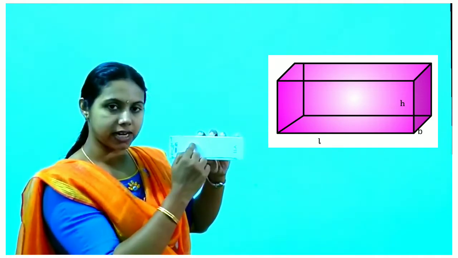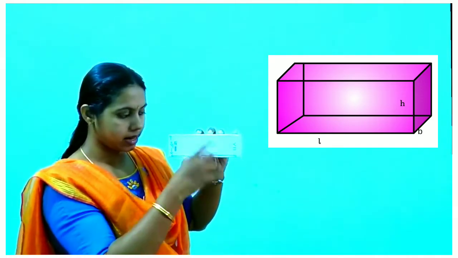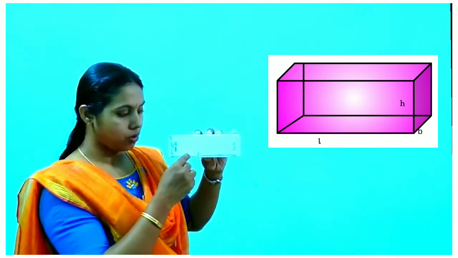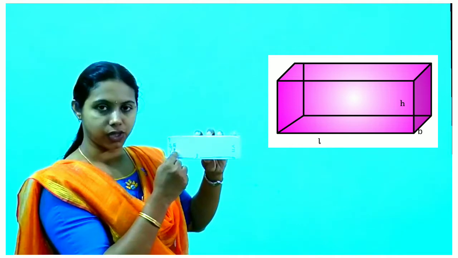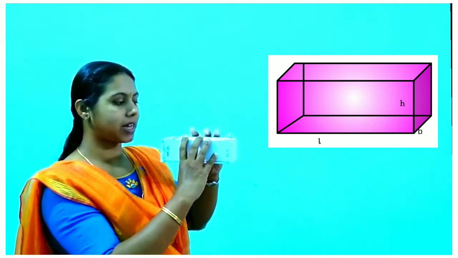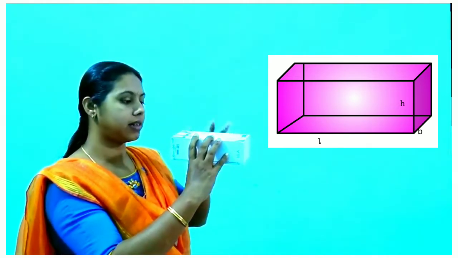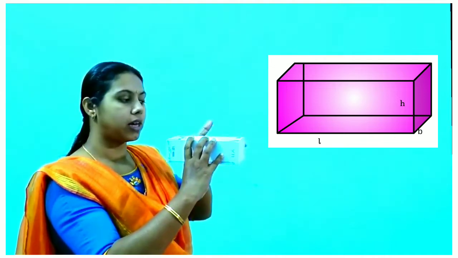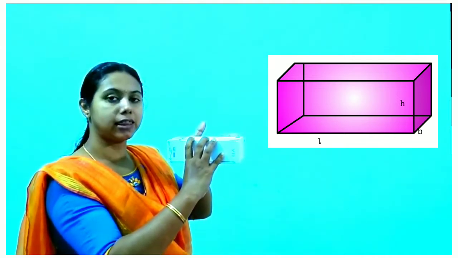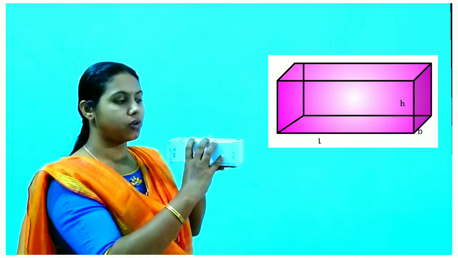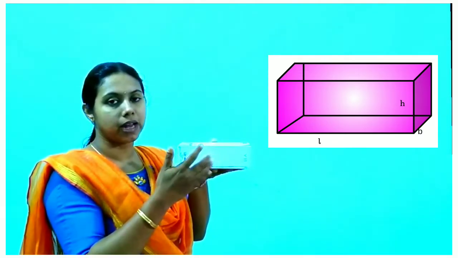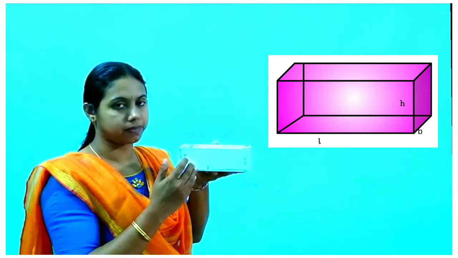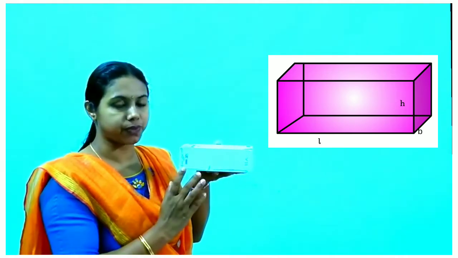The area of a rectangle is length into breadth, so the area of this face is equal to L into H. In the same way, the back side is in the same position, so there also the area will be length into height. So you have two faces, and these two faces' areas will be L into H.